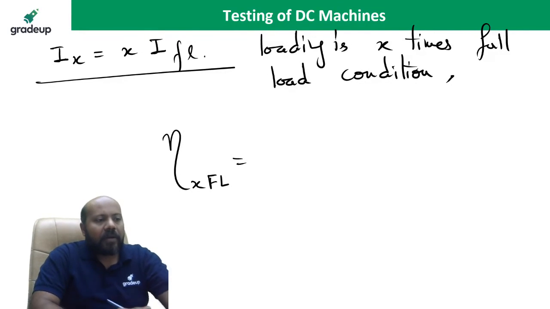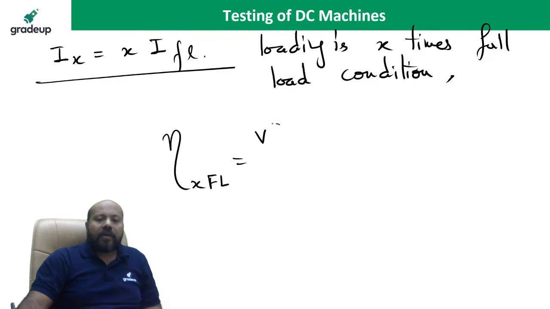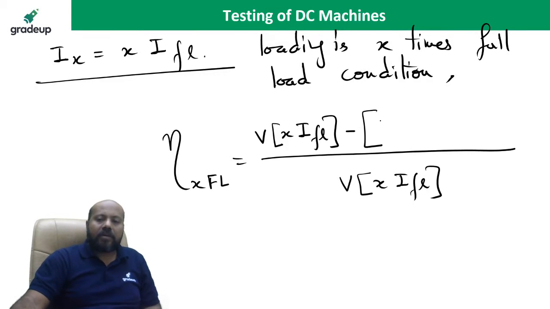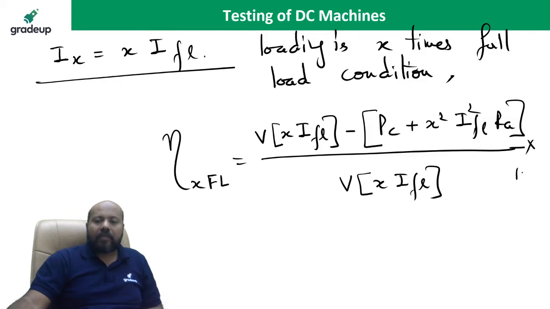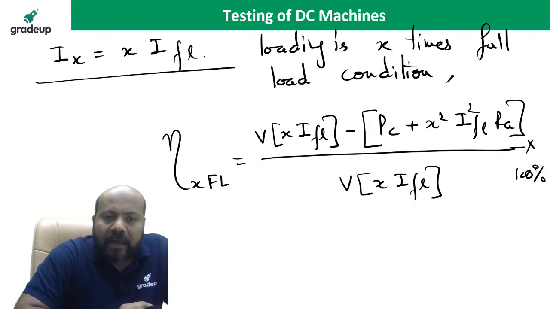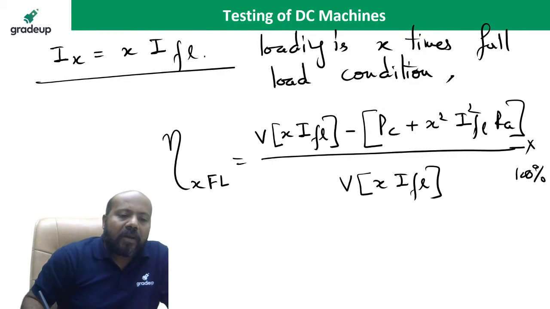What is going to be your input? Input is going to be V times X times I full load, this is the total input. And what are the losses? Constant losses are not going to change, and the variable or copper losses you can write like this: X square I FL square RA, multiplied by 100%. So at any load condition, when the current is X times the full load current, you can use this formula and find the efficiency by using the Swinburne test.